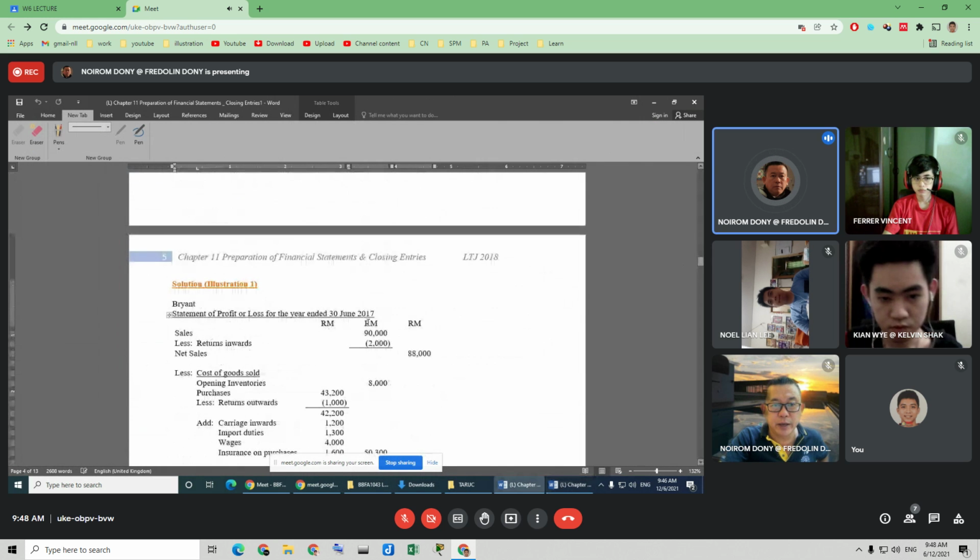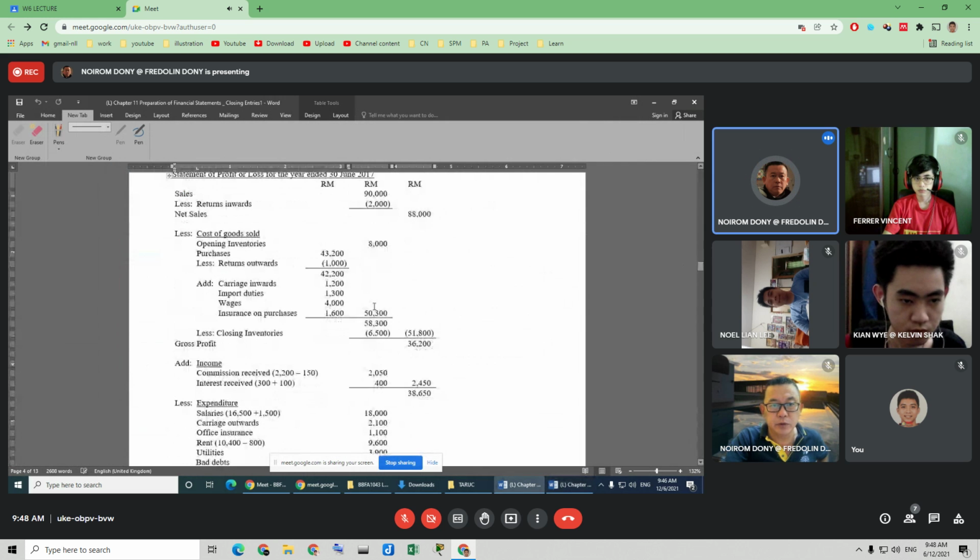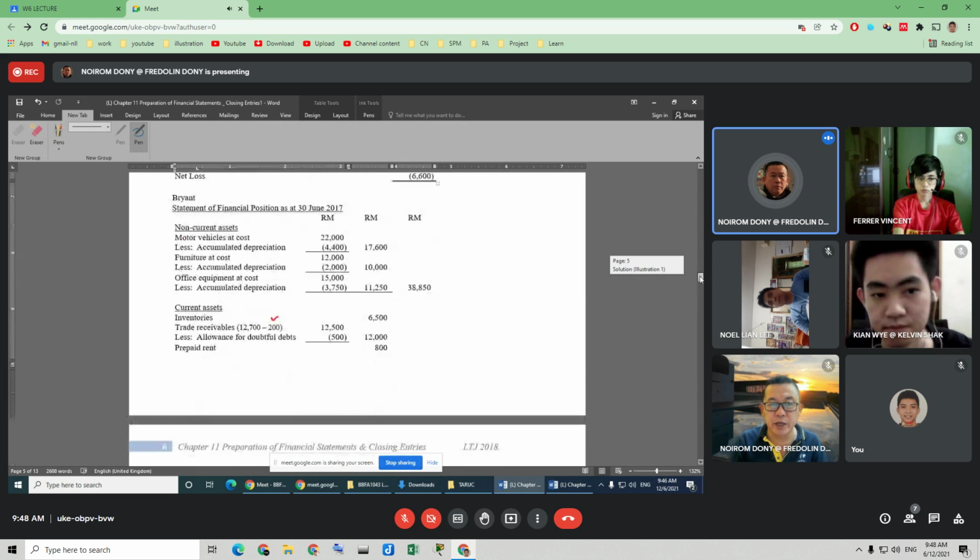In SPL, I will show closing inventory. So this one, this is credit the SPL. And then the debit is when I provide into current asset as inventory.